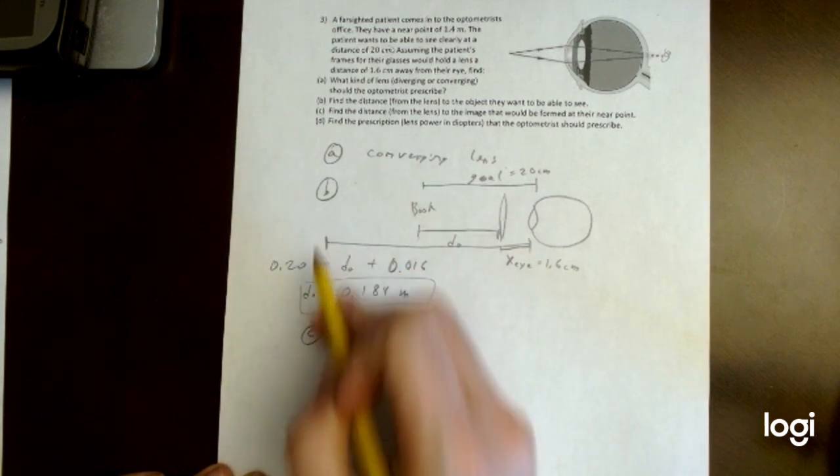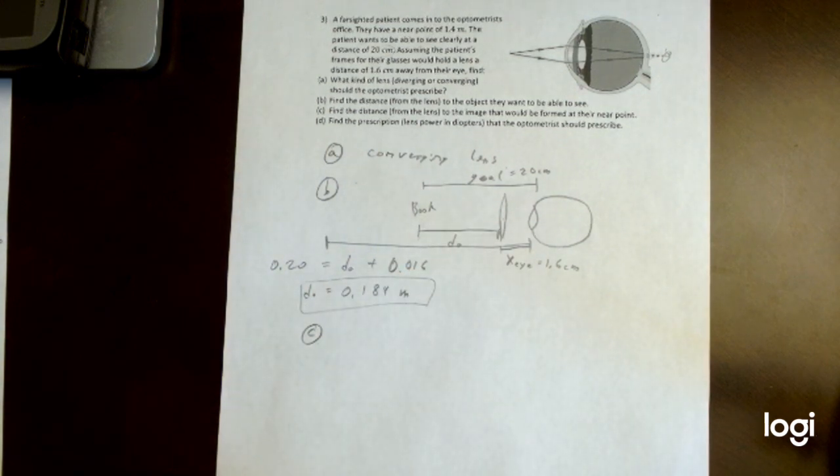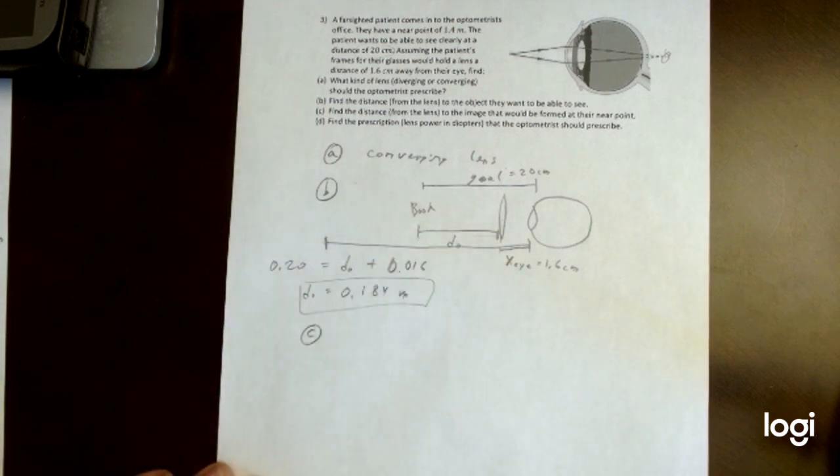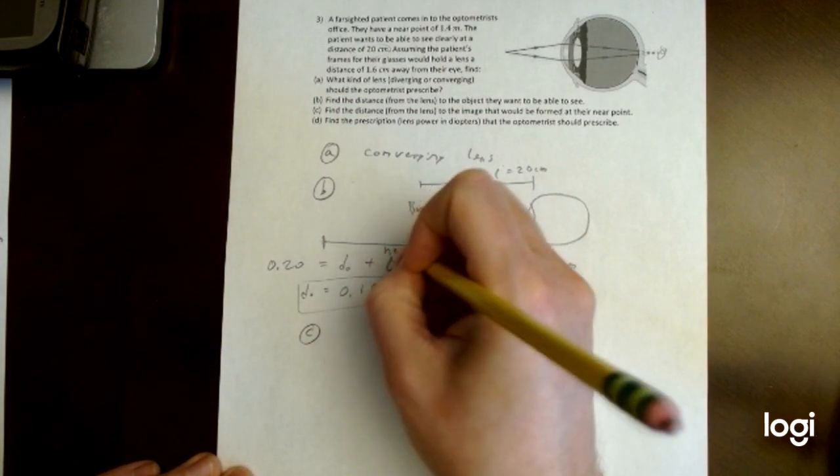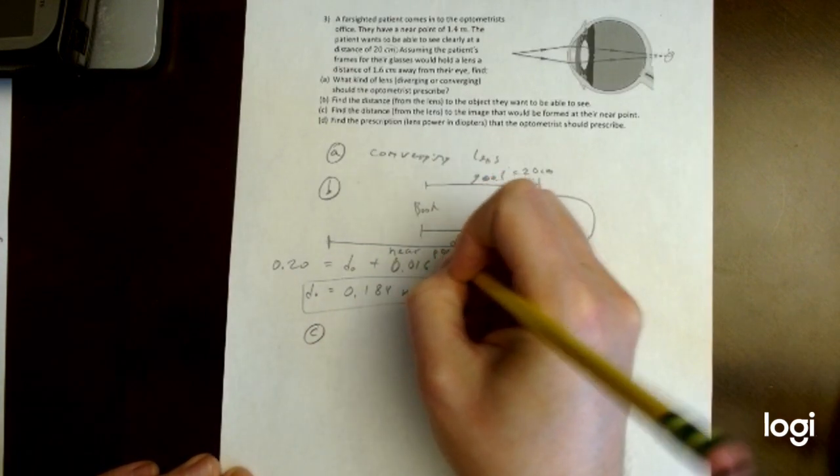This is the closest location that they are able to see clearly, because they can see far away. When they bring it closer and closer, there's some position where it stops being clear. That's right here. This is where we want to form that image at the near point. So I'll write near point here.